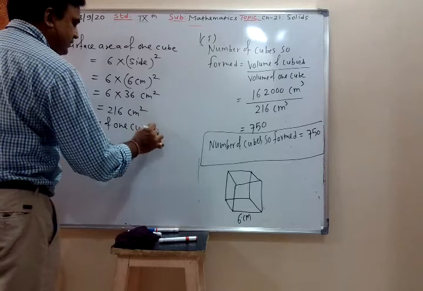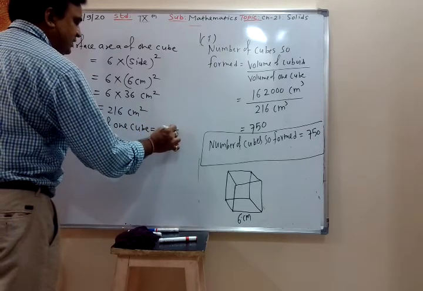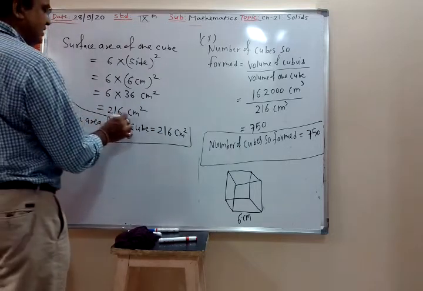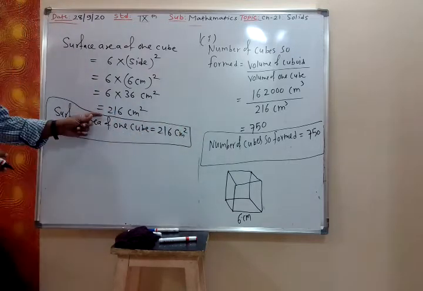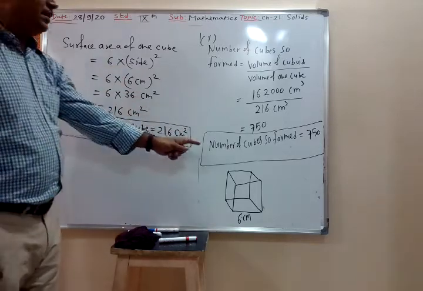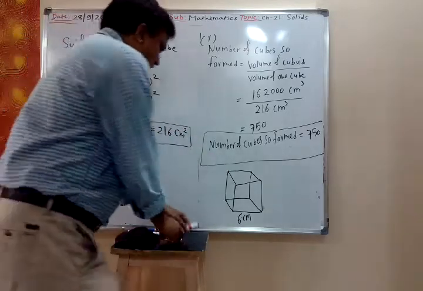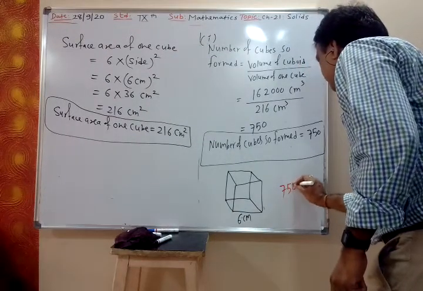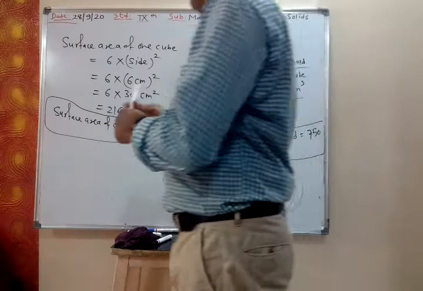Surface area of one cube is 216 centimeter square. Now how many such cubes are there? 750, no? Total there are 750 cubes.